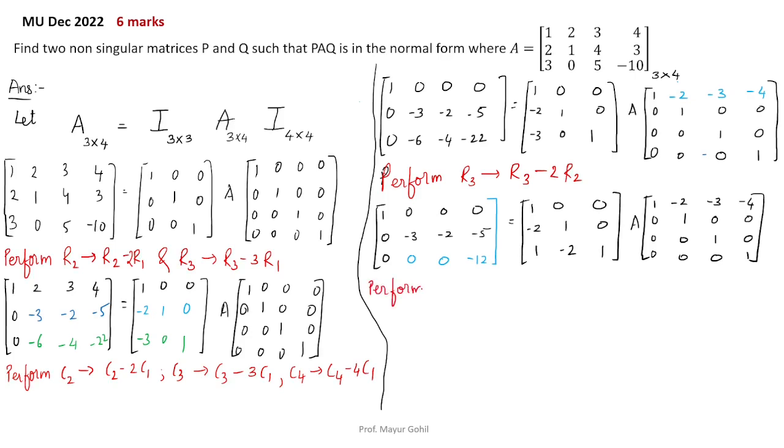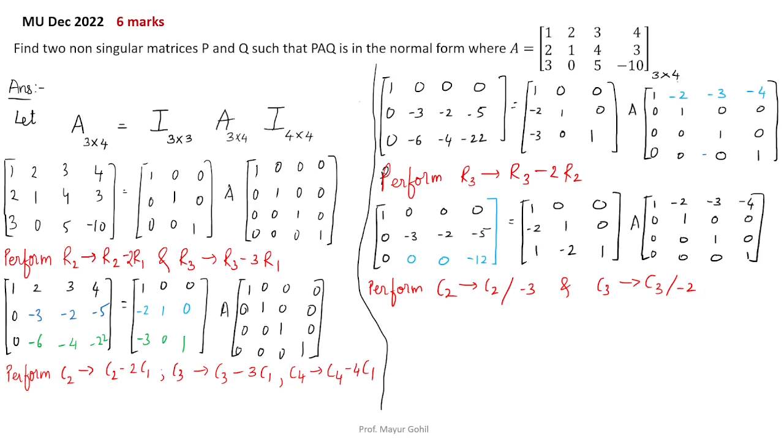Perform C2 changing to C2 divided by minus 3, and C3 changing to C3 divided by minus 2, right?